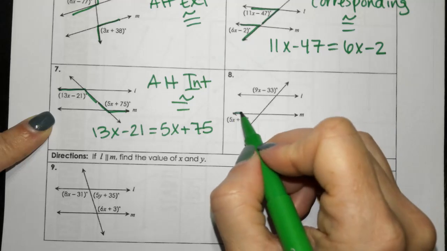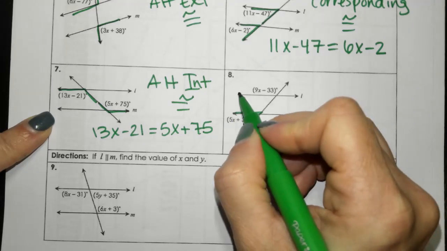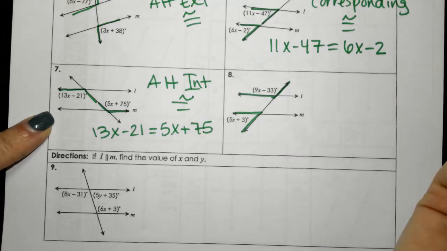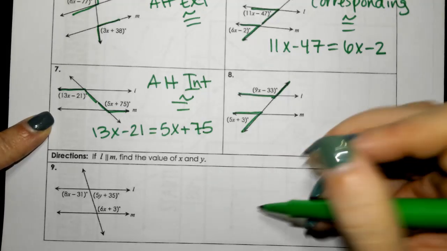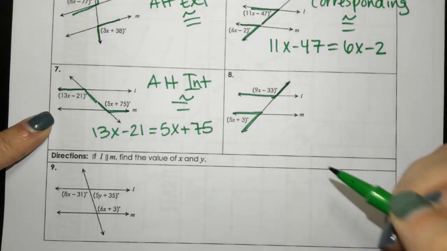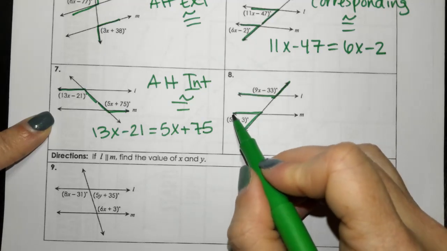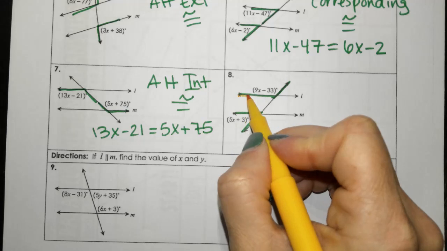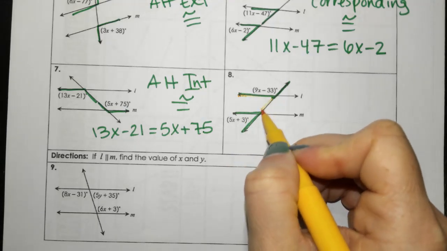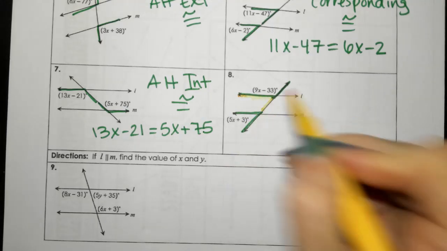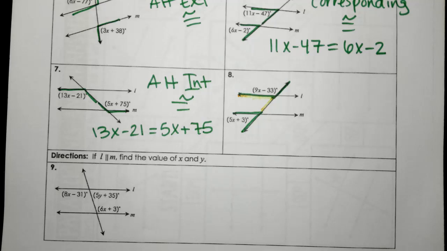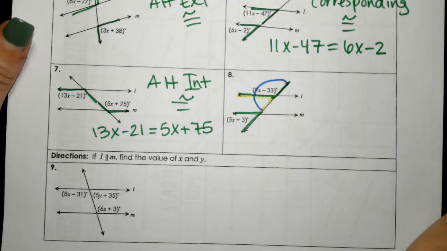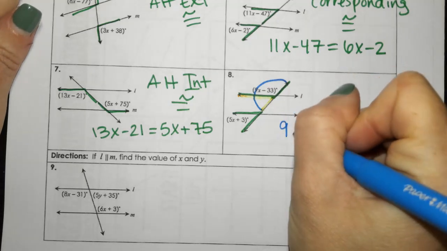Here, these are not on alternate sides. They are not consecutive, but since this angle would be consecutive with this angle right here, I know that the two of these would form a linear pair, making them equal to 180.